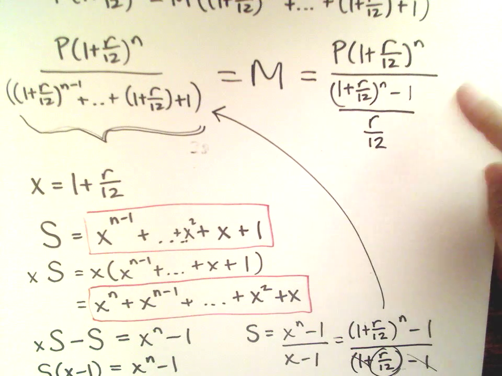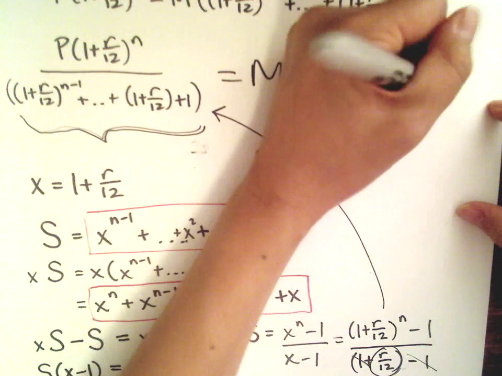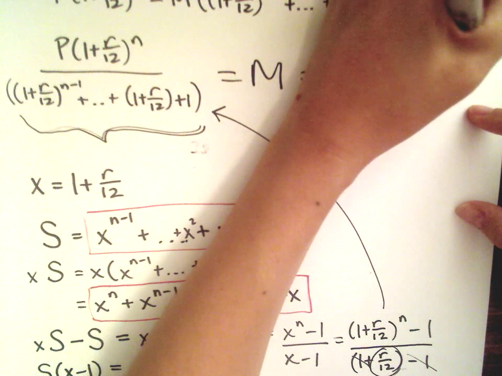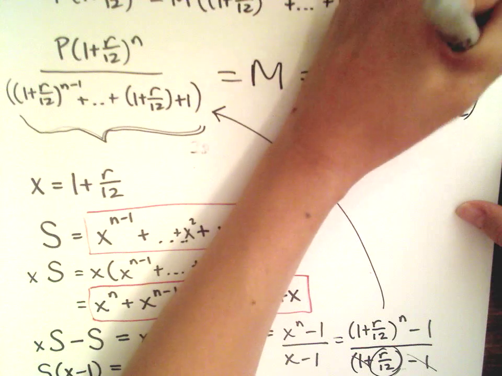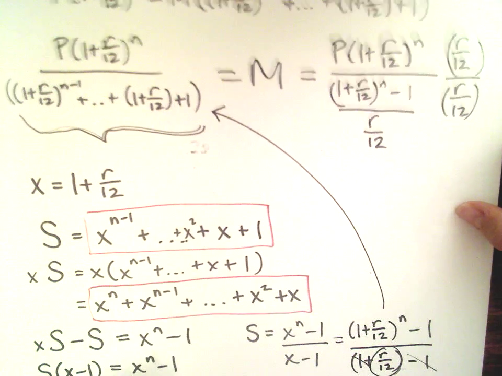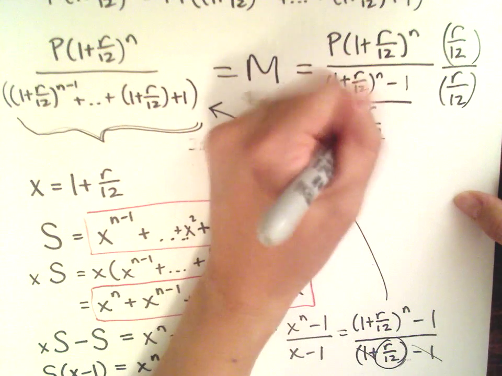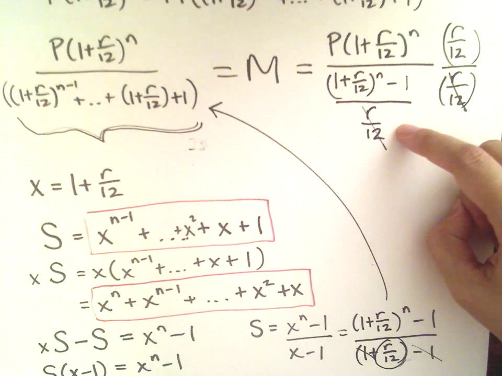Okay, we don't want to leave it in this complicated fraction form, so notice what we can do is multiply top and bottom by r over 12. In a sense, we're just multiplying by 1. Right, so r over 12 divided by r over 12 is just 1, so multiplying by 1 doesn't change anything. But what that helps us to do is to get that r over 12 out of the denominator.